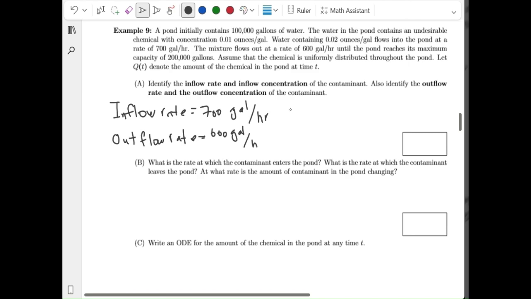It also asks you for inflow concentration, which is 0.02 ounces per gallon. And then it's asking you for outflow concentration.